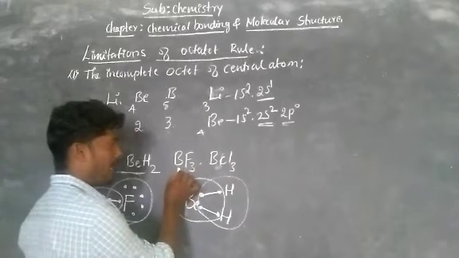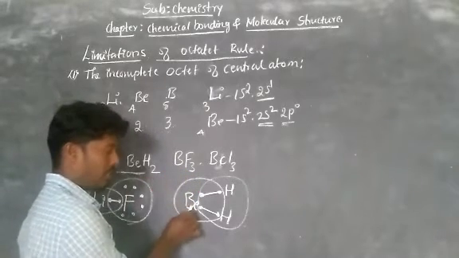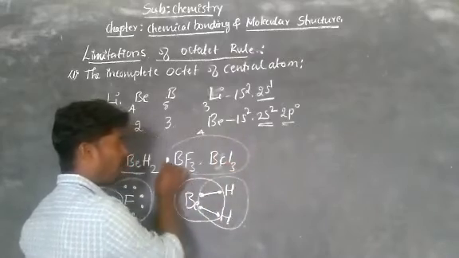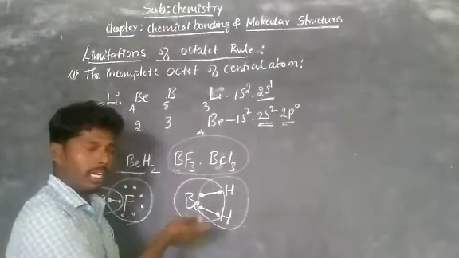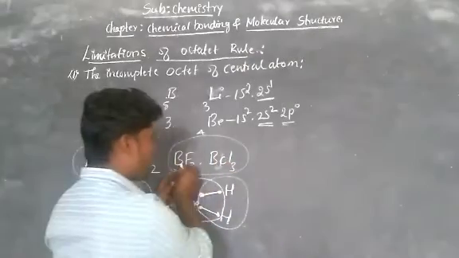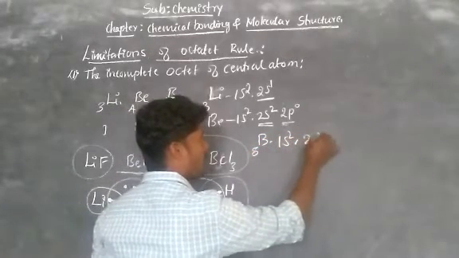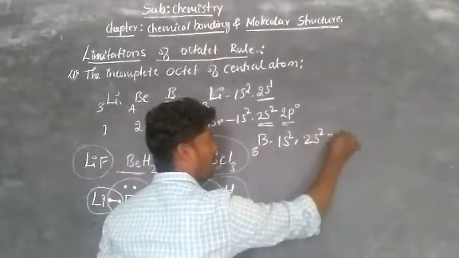Now take boron. In this case, we are taking boron trifluoride or boron trichloride, any one you can take. In boron, the electronic configuration is 1s2, 2s2 and 2p1.